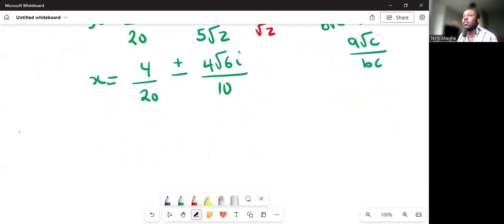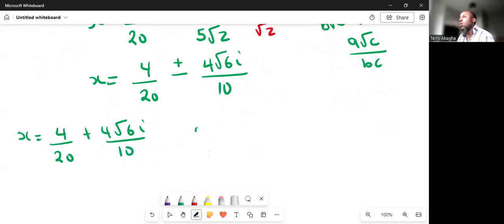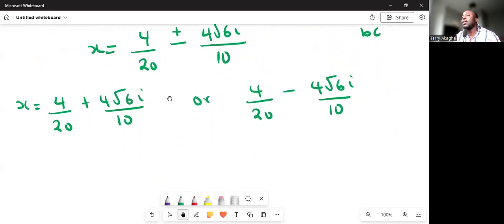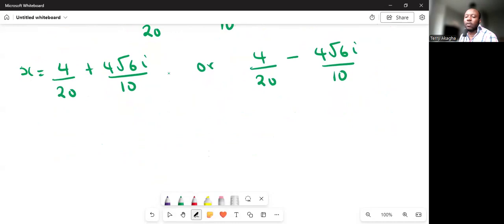So x is going to be equal to 4 over 20 plus 4 root 6i over 10, or it could be 4 over 20 minus 4 root 6i over 10. When you do that, 4 divided by 20 is going to give us 0.2, plus 4 over 10, which is 0.4 root 6i.